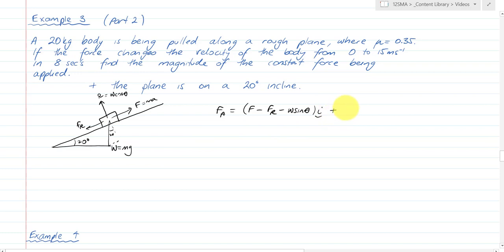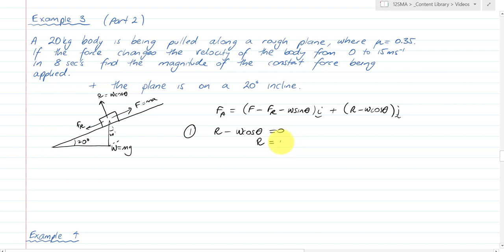Plus R minus W cos theta. Now, there's a few things that we know. We know that R minus W cos theta has to equal 0 because it's not going into the ground, it's not sinking into the plane. So this will pretty much always be the case.